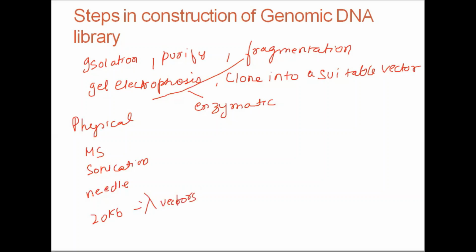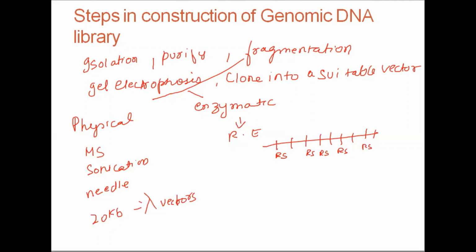When you do enzymatic, that means we are using restriction enzyme. Now, what happens when you digest it totally with a restriction enzyme? For example, this is your genomic DNA. It has restriction sites. Now imagine for a particular restriction enzyme, you have multiple restriction sites in a very small interval.